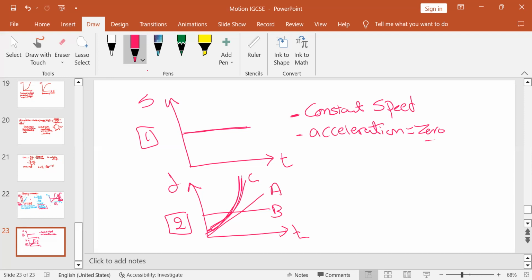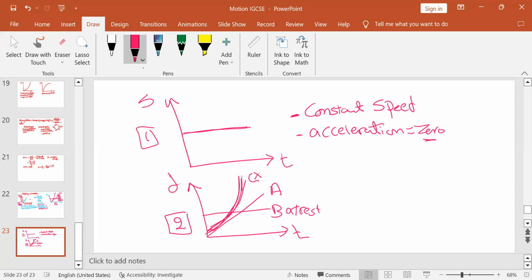I want the acceleration to be zero, so it's not C. B. No, B is at rest.